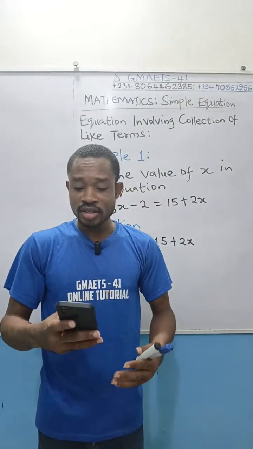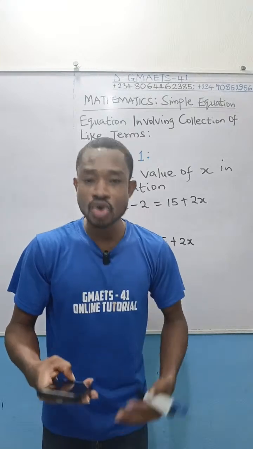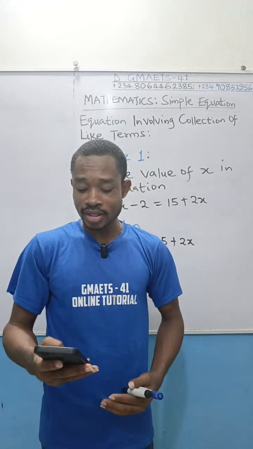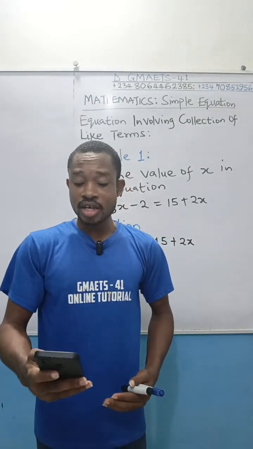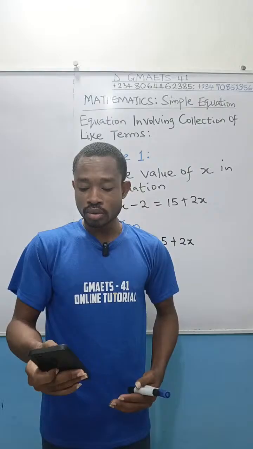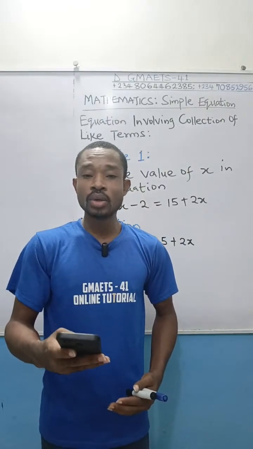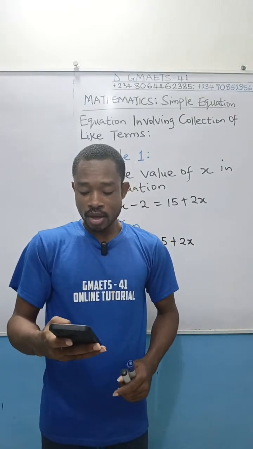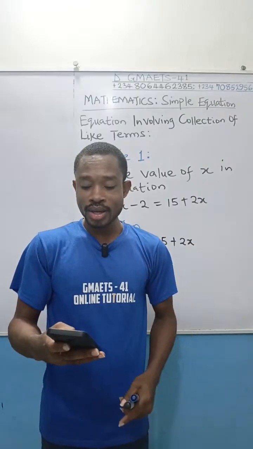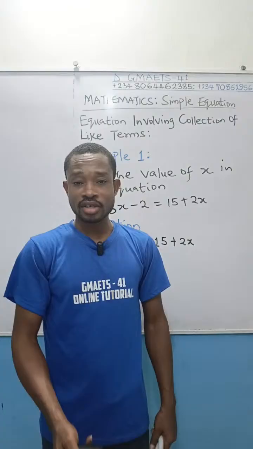So my dear friends, I have explained to you how you get to know that you have to collect like terms. If I give you an equation, how would you know that you have to collect like terms? You will know if you see plus or minus between what you are looking for and something else. So you collect like terms.